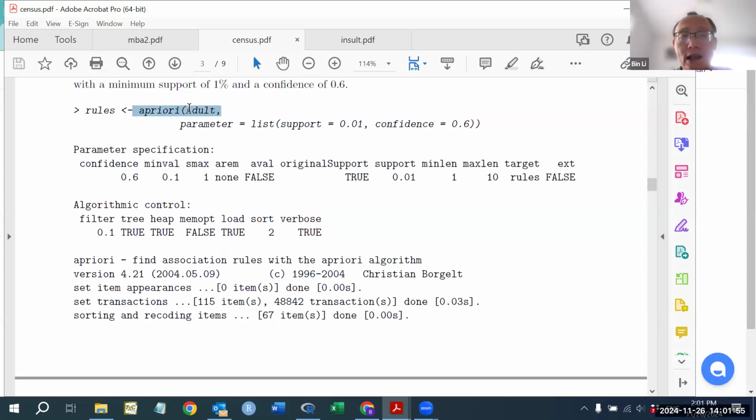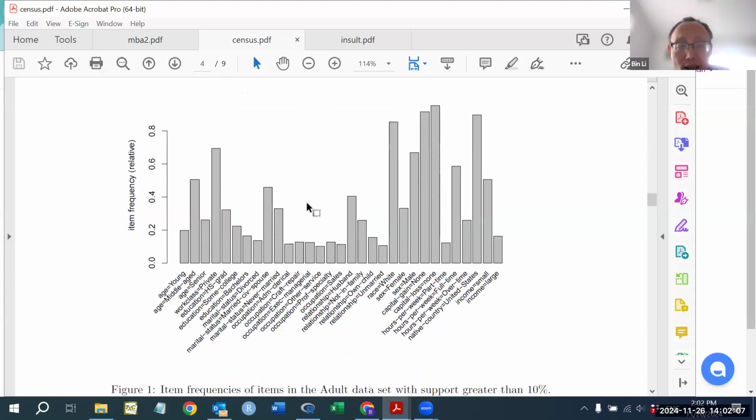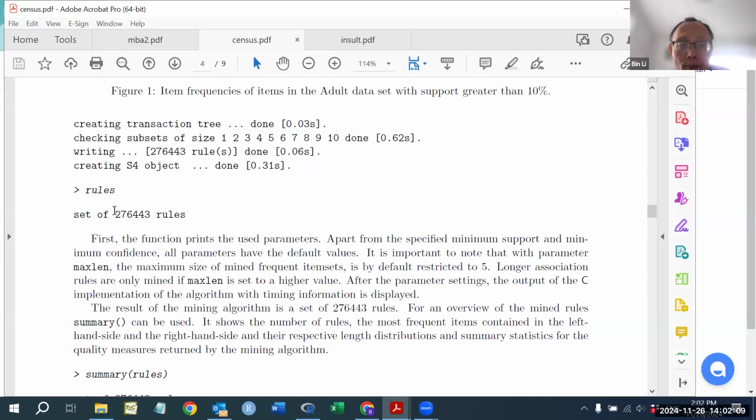Here, we apply the apriori on the adult data set. We set the threshold for the support to be 1% and confidence to be 60%, and we have about 276,000 rules.